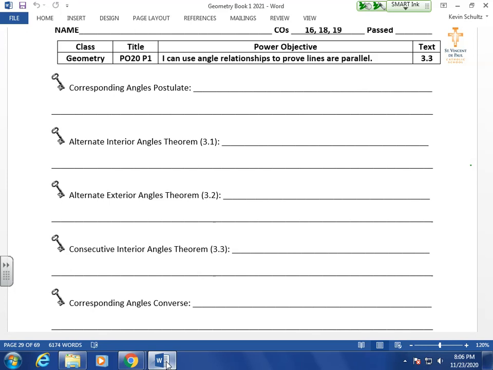If two parallel lines are cut by a transversal, then the pairs of corresponding angles are congruent.